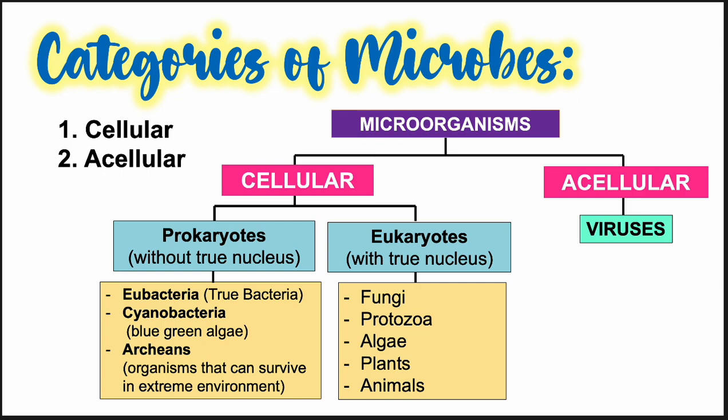They can use methane as a source of their energy for their growth and for their differentiation. Okay, how about for eukaryotes? For eukaryotic cells, we have fungi, protozoans, algae, plants, and animals. For this discussion, our main focus is, of course, the fungi.